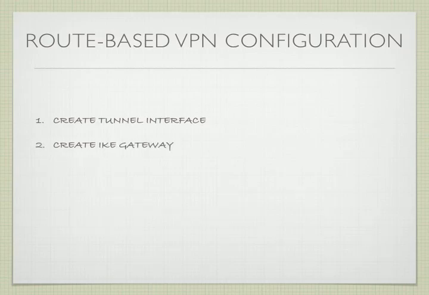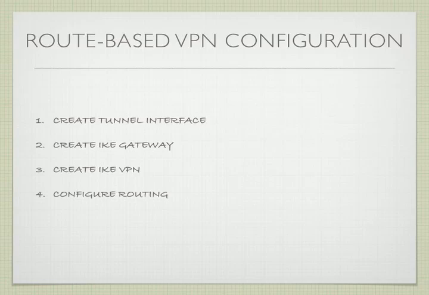We will then create the gateway in the same way that we created the remote gateway object for a policy VPN. We are going to create our IKE VPN object under AutoKey IKE, but there will be some additional parameters required for that.